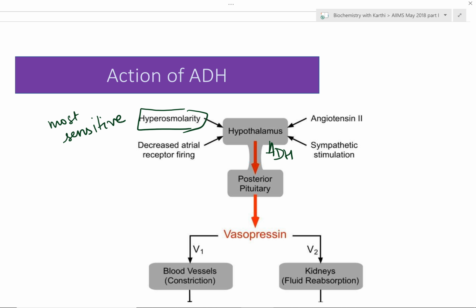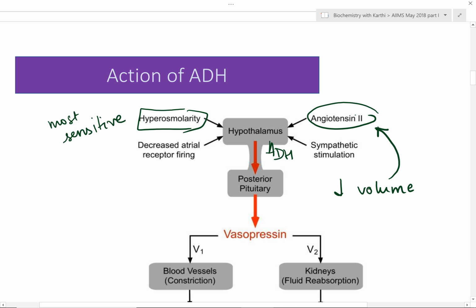Another stimulus is the decrease in volume. Now this decrease in volume will stimulate the RAS system and lead to the production of angiotensin II, which will also stimulate the hypothalamus to release ADH, and you will have decreased atrial receptor firing. So these are the receptors that are located in the atrial wall and they respond to stretch.